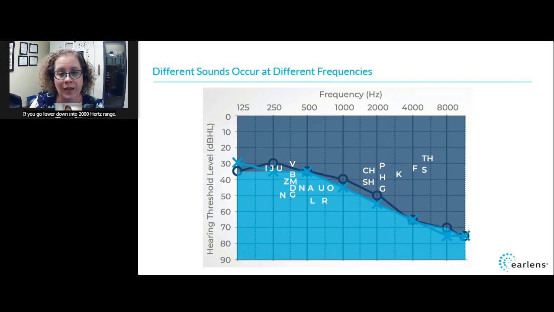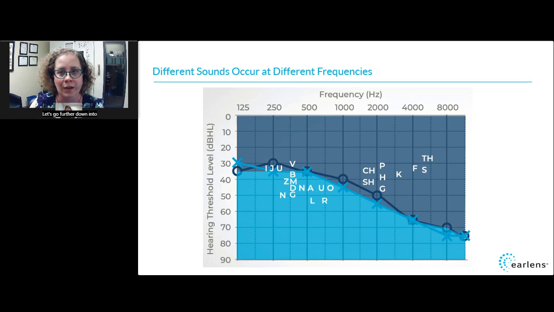If you go lower down into the 2000 hertz range, you're going to hear p and h and sh and ch. Those are also clarity sounds, and they have a little bit stronger component to them, so they're more recognizable, but still not being heard by this individual with this hearing loss because it's in the dark shaded blue area.